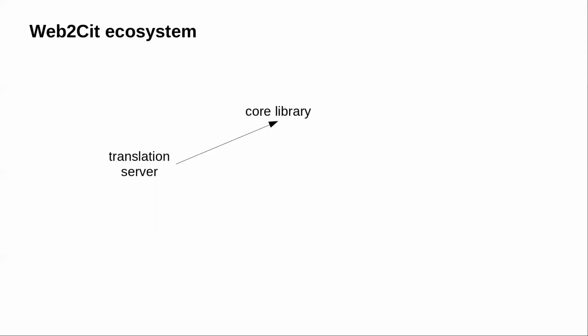The translation server is a web service, which we give a target web page, and the service returns a translation using the translation rules that have been collaboratively defined by the community. It is also used by the translation editor, which is not implemented yet and which we will use to edit these translation configurations in a visual manner.